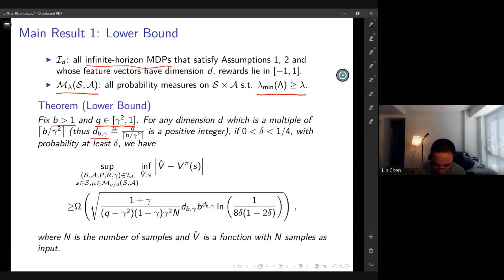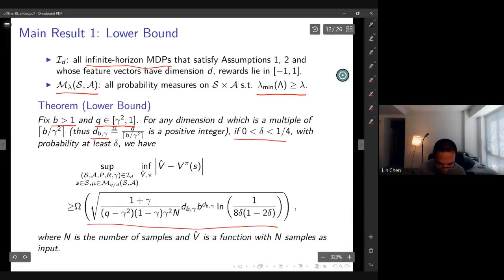And if delta is between 0 and 1/4, then with probability at least delta, the rate of the off policy evaluation problem is lower bounded by this.